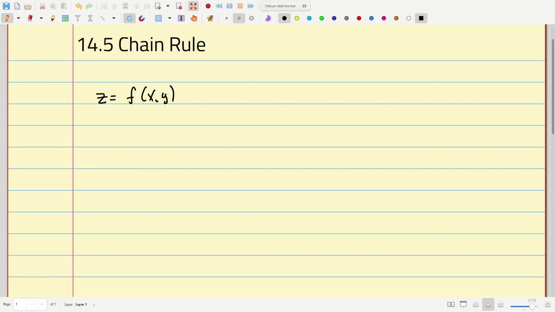Okay, so if we have some function that is given to us as z equals f of x y, one of the things that we may do is parameterize the surface.